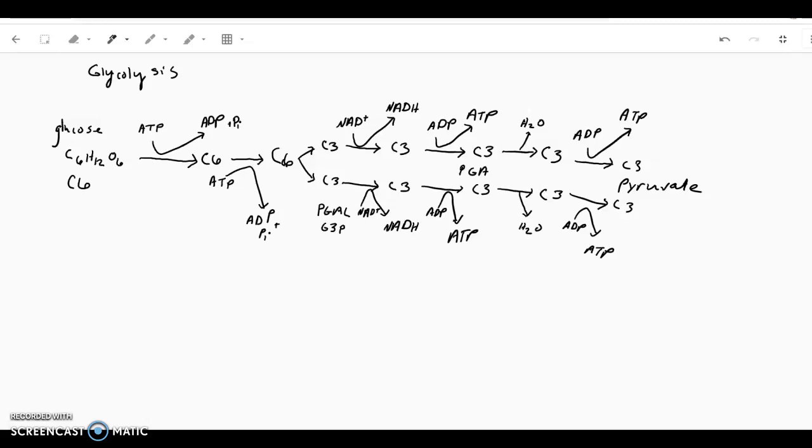It could go into a fermentation process to recover NADH, or it could go into aerobic respiration, which requires oxygen, whereas if it goes into the fermentation pathway, that does not require oxygen.